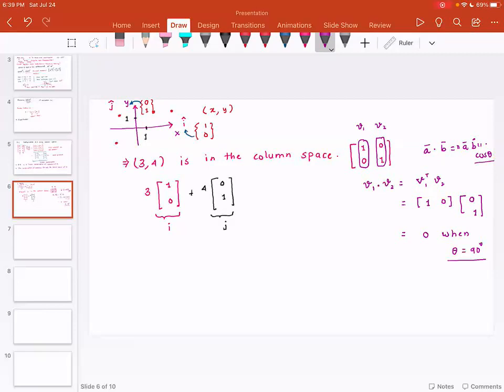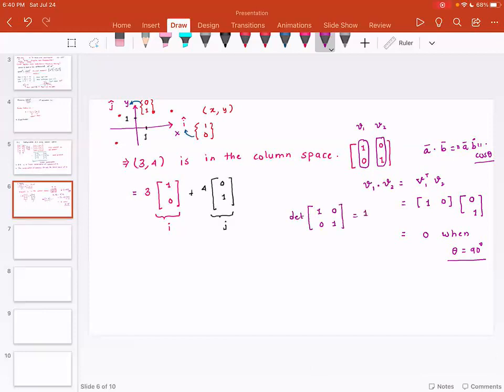Now, that means if you look at the determinant of these two vectors, 1, 0, 0, 1, it is 1.